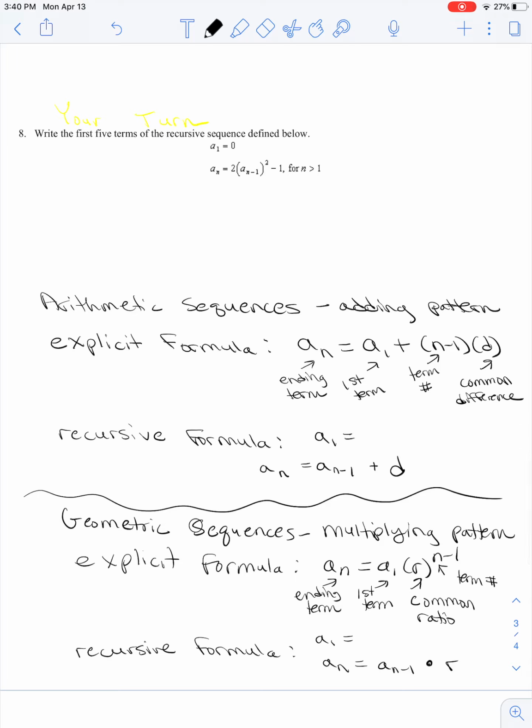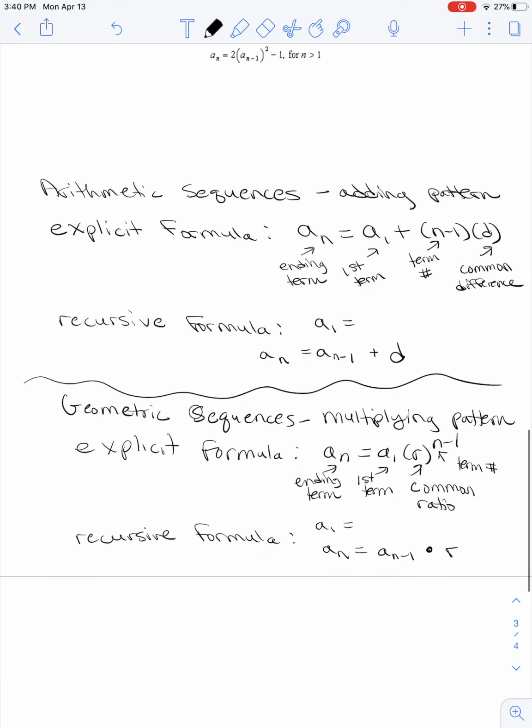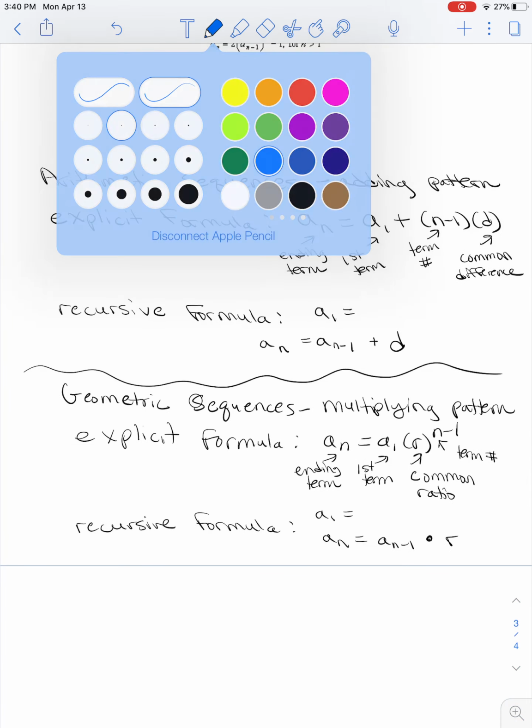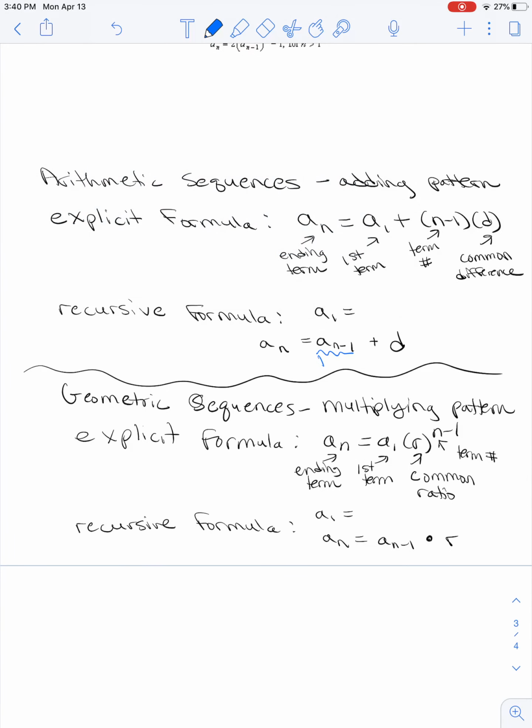Okay, so before you continue, you might want to refresh your memory again about the arithmetic sequence formulas and the recursive sequence formulas. And remember, with the recursive sequence, I'll write it under here. The a sub n minus 1 is the term you have, and the a sub n is the next term.